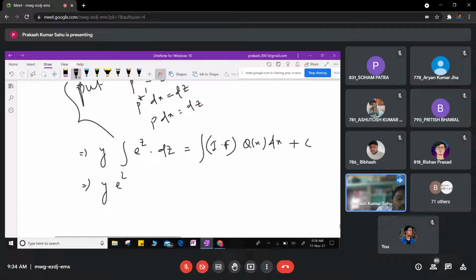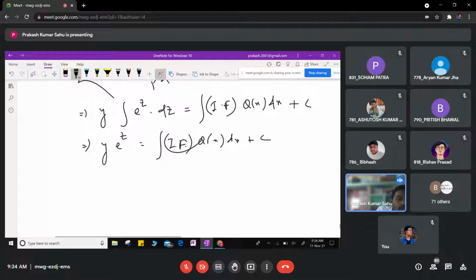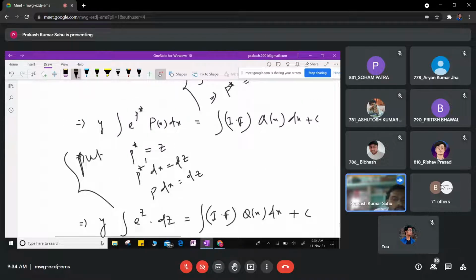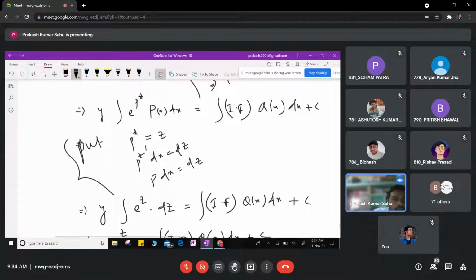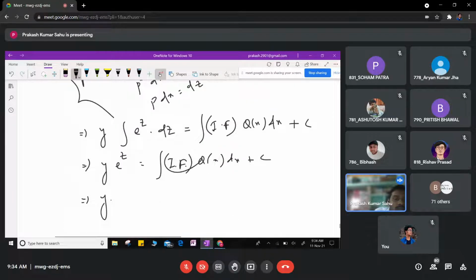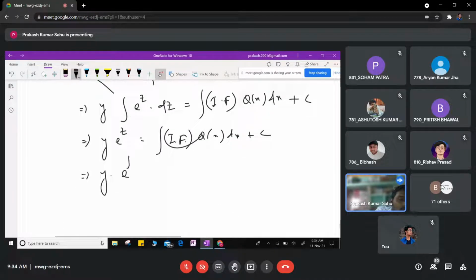That is e to the power z is equal to this integration, integrating factor qx dx plus c. So now again you substitute. So y into e to the power z. What is e to the power z? So your e to the power z is equal to e to the power p star. And what is e to the power p star? Your e to the power p star is equal to integration of px dx. So this is nothing but integration of px dx is equal to this.